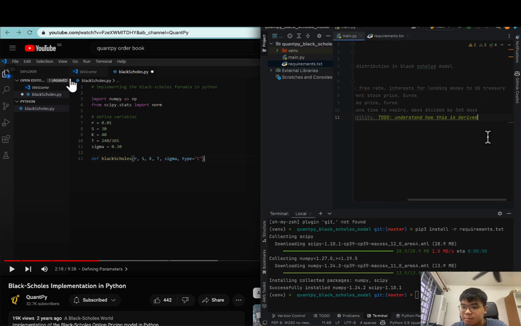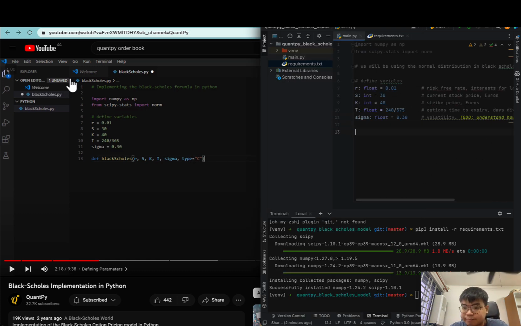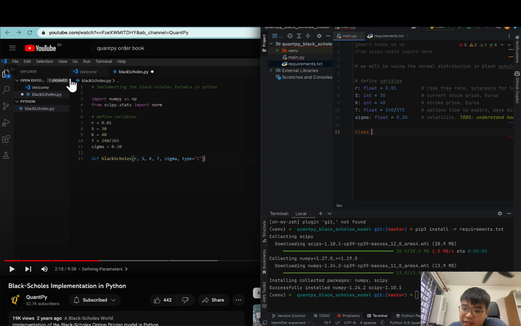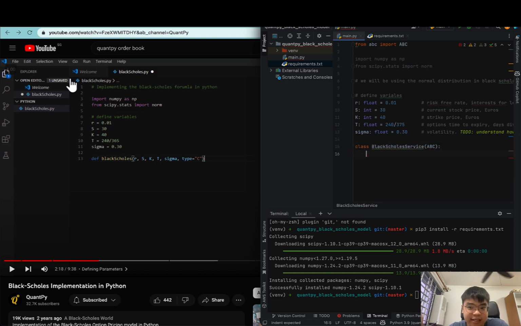Okay, so at this point, we might have different variants of the Black-Scholes model. So I'm going to create an abstract Black-Scholes service. Black-Scholes service is going to be an abstract base class. And to our viewers, to our parrots here, it's optional for you to abstract it to a service. In fact, for the purposes of learning, I would agree with Jonathon's perspective here to just define that method and use that.